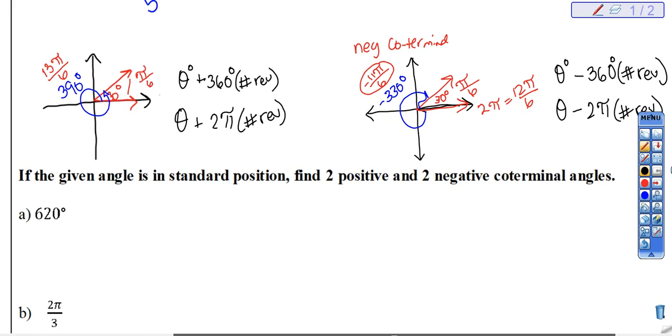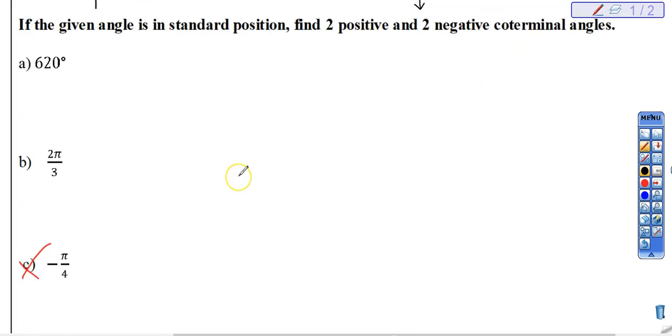So let's give it a try. Here we have two angles. Angle A is 620 degrees, and you have to find two positive and two negative coterminals. So let's start with positive. If we start with 620 degrees and we add 360 degrees, a coterminal angle would be 980 degrees.